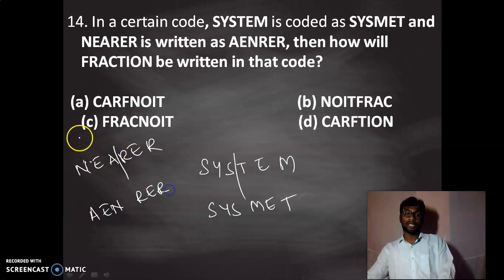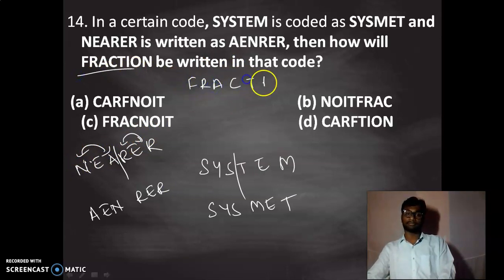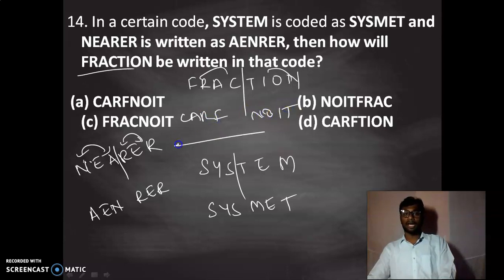What does it mean? Just divide it into half and reverse. Just reverse. Isn't it? In the same way, fraction. Just divide into half and you just write the reverse. Now, carf, NOIT, carfnoit. So, carfnoit, option A is the right answer.